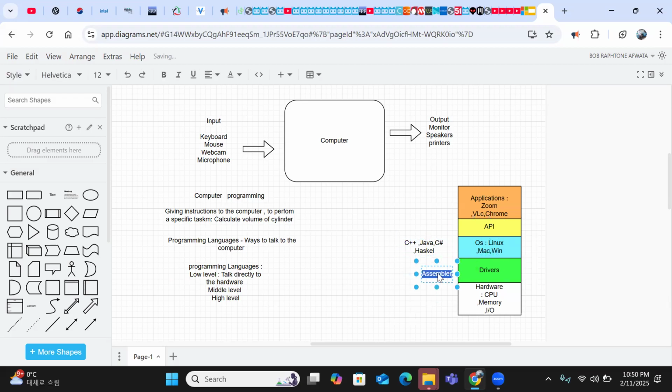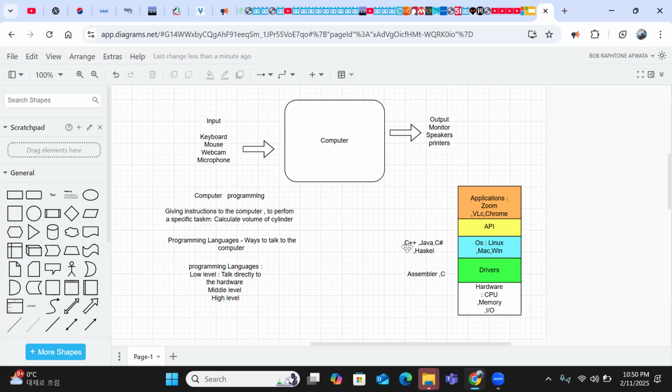But there is also a language which is very important, which is called C. It's a fairly old language, which is also very important. This C is used to make drivers and also operating systems. C can be used to make operating systems and drivers. Are we together? Okay, that's the middle level.